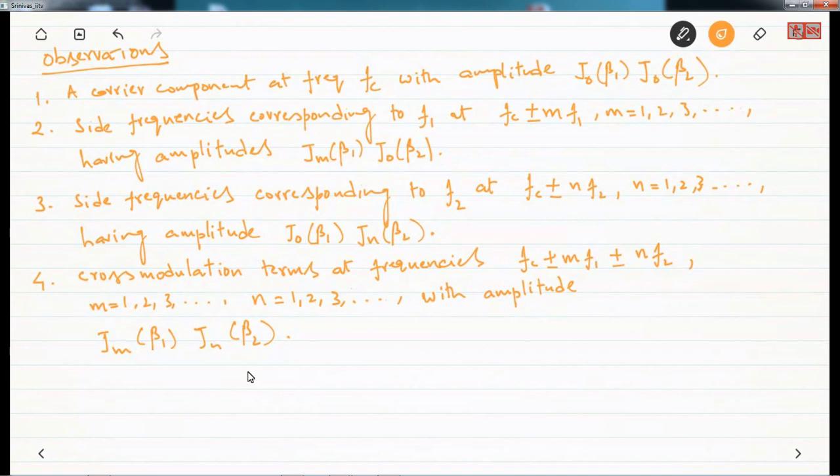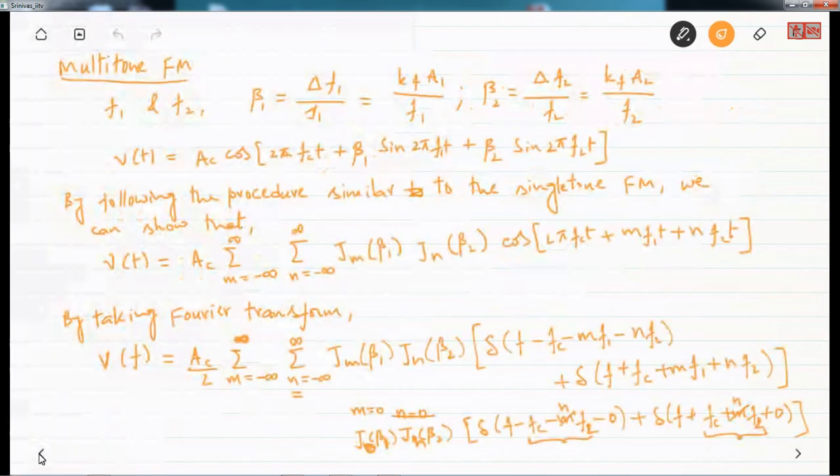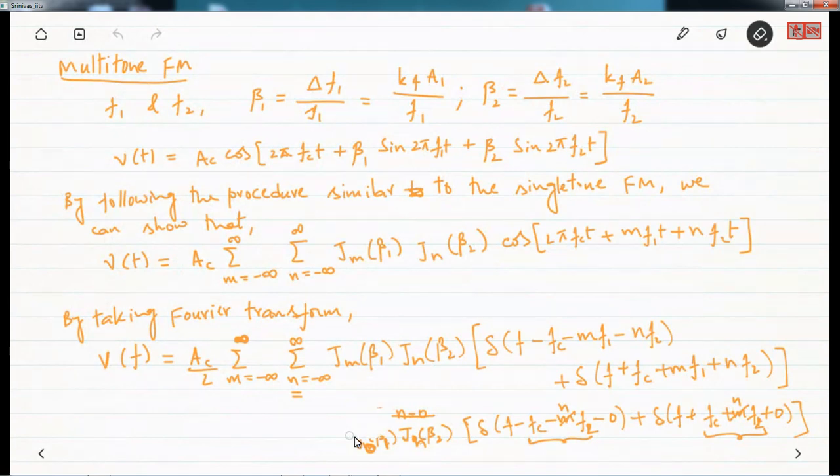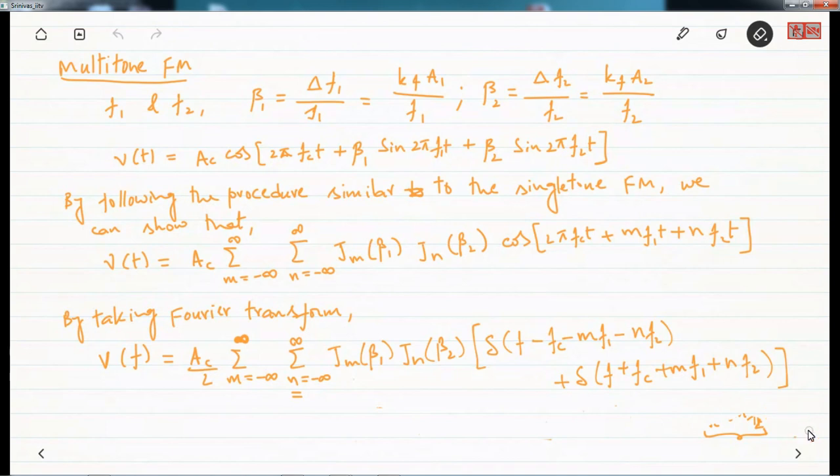So I hope you have noted down. Then let me go back here. So let me erase this one. Now when I said cross modulation terms, that is equivalent to both m and n being non-zero.